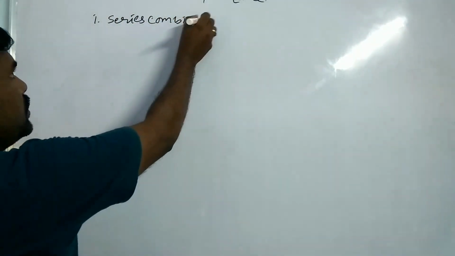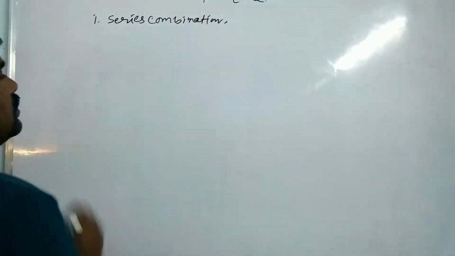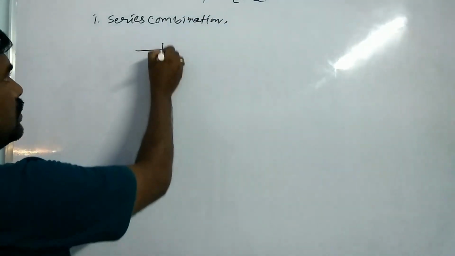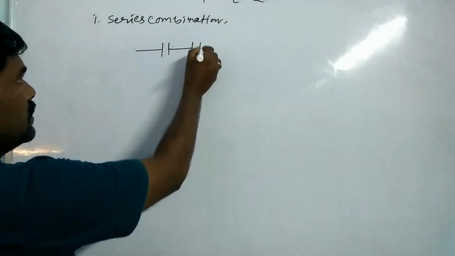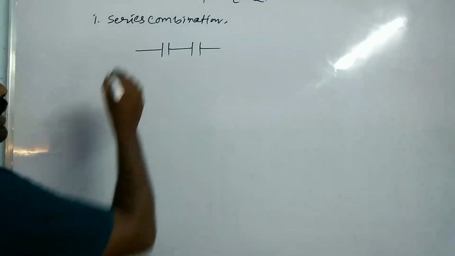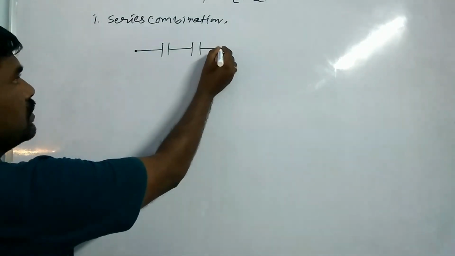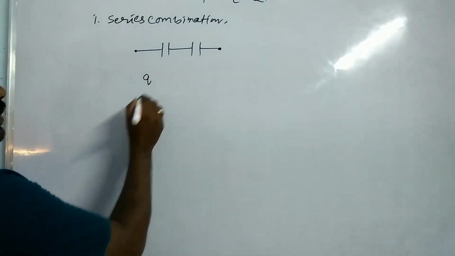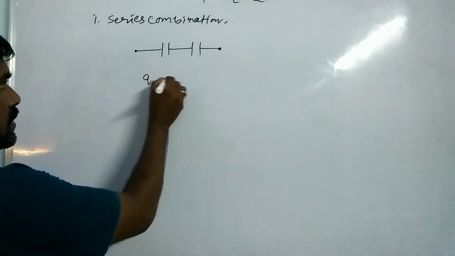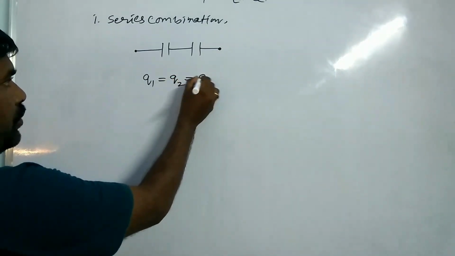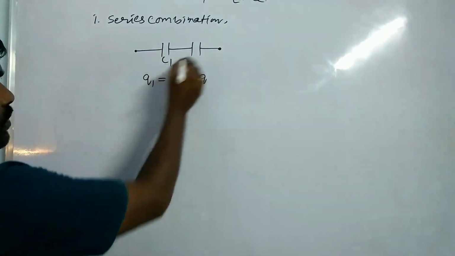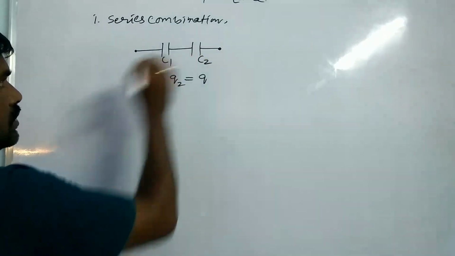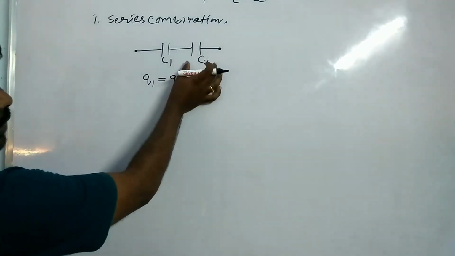In the series combination, you just have to remember, if two capacitors are in series, the charge Q is equal to Q1, equal to Q2, equal to Q here. This is the capacitance C1 of the first capacitor and the capacitance C2 of the second capacitor.